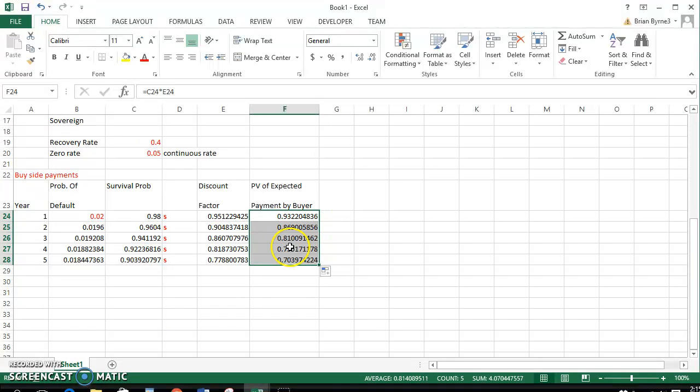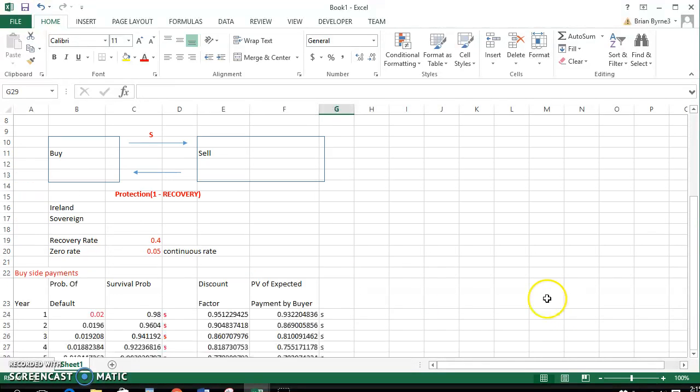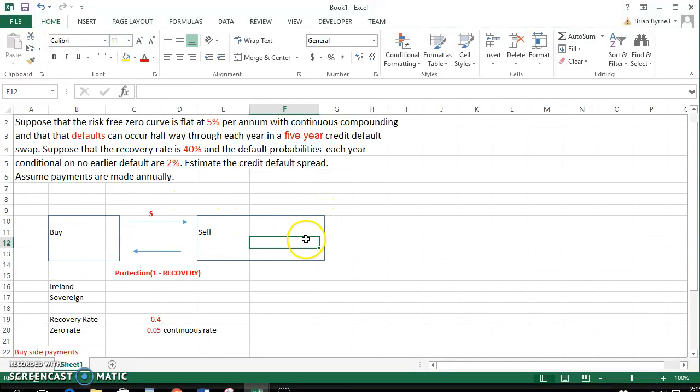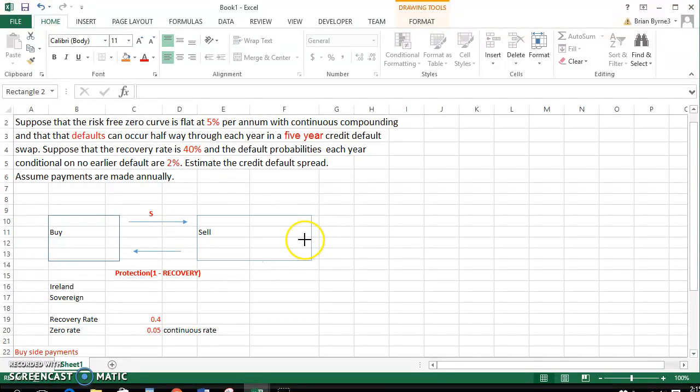And again, we probably have too many decimal places here, but we'll just leave it for the moment. And again, S. We could think of each of these as, instead of being sure S is being paid, S is being paid across here. In a certain world where there was no discounting, we would say the buyer will pay 5S.